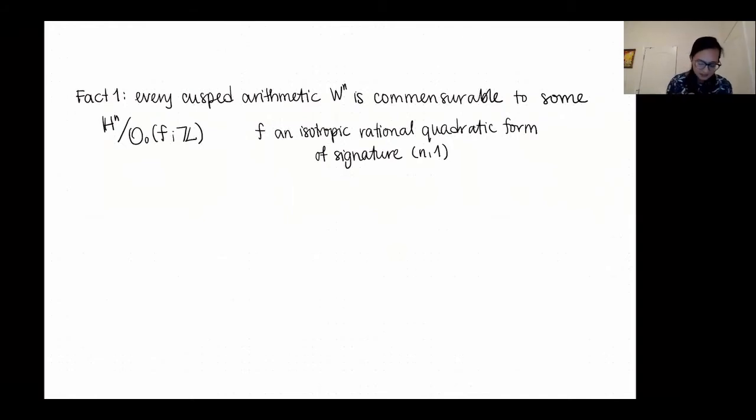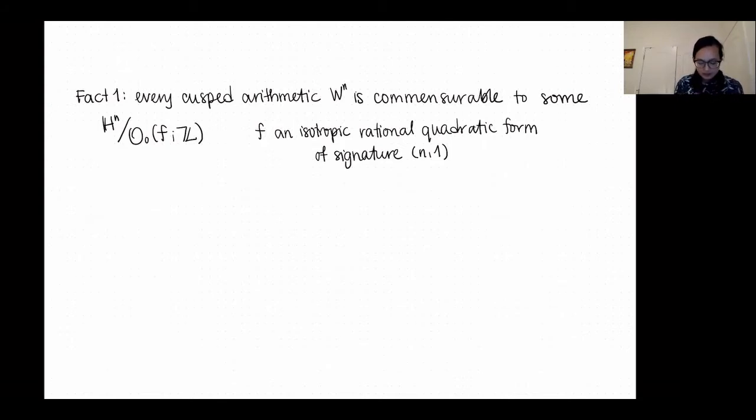The first fact is that every cusped arithmetic hyperbolic manifold W, as above, is going to be commensurable to one that looks like this. This is a quotient of this orthogonal group. You take the orthogonal group that preserves a certain quadratic form, I mean the identity component of this, and then I'm looking at the elements in there that have integer entries.